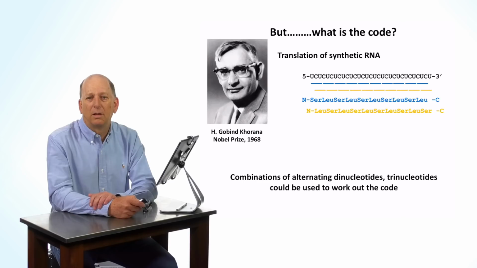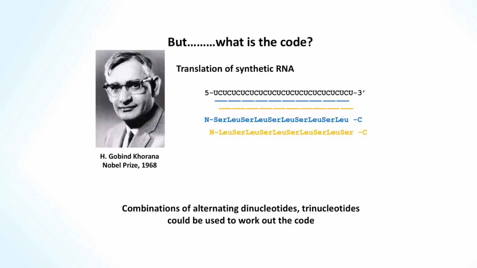H. Gobind Khorana was a chemist who also got the Nobel Prize in 1968, and he figured out how to synthesize dinucleotides and trinucleotides, allowing combinations of different nucleotides to be used to work out the code. In this example, alternating UC dinucleotides were shown to encode Ser-Leu proteins.